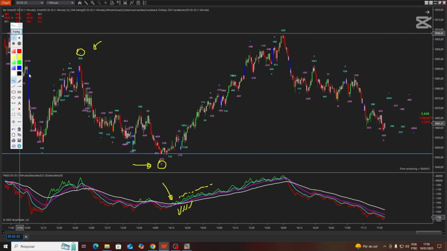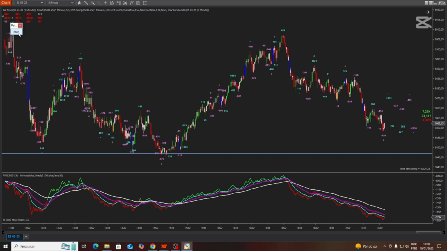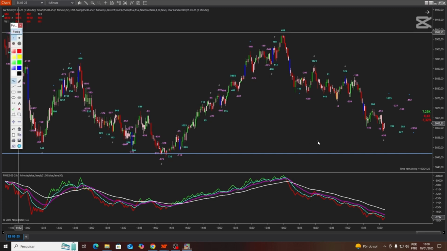How do we do this? Reading the effort versus the result is very simple. The market would rise with the delta decreasing, regardless of whether it is negative or not, or the market falling with the delta increasing, also being positive or not, which is what we want here.